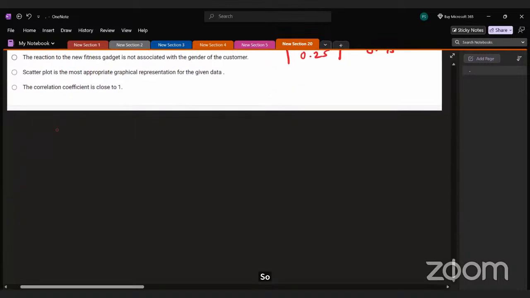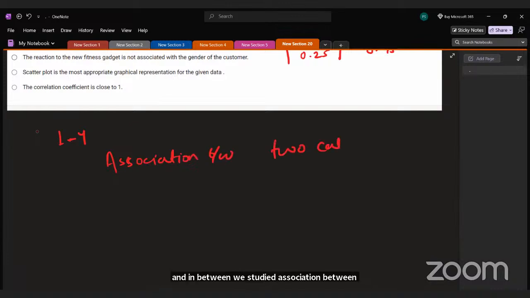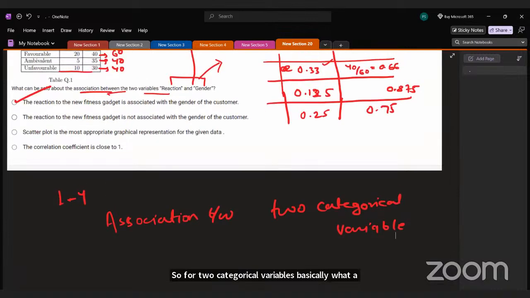In the fourth week, till Q1 we studied weeks 1 to 4, and in between we studied association between two categorical variables. What is a categorical variable? Anybody?